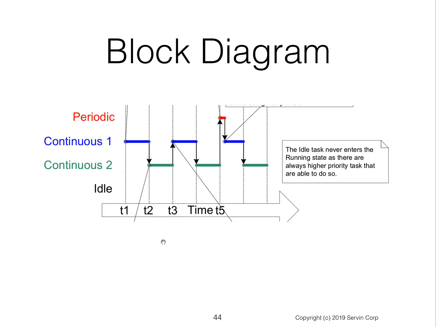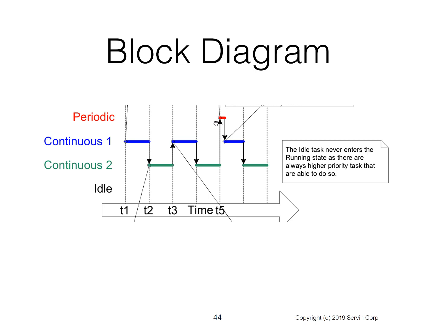So here's what we've got. Continuous 1 would run, then continuous 2 will run, continuous 1, continuous 2, and so forth, until finally it's time for periodic to run. Periodic is higher priority, so it will get the ability to run next, and when it finishes by calling this delay, it immediately gives time back to priority 1, which is ready to run, and then continuous 2 and continuous 1 and so forth.